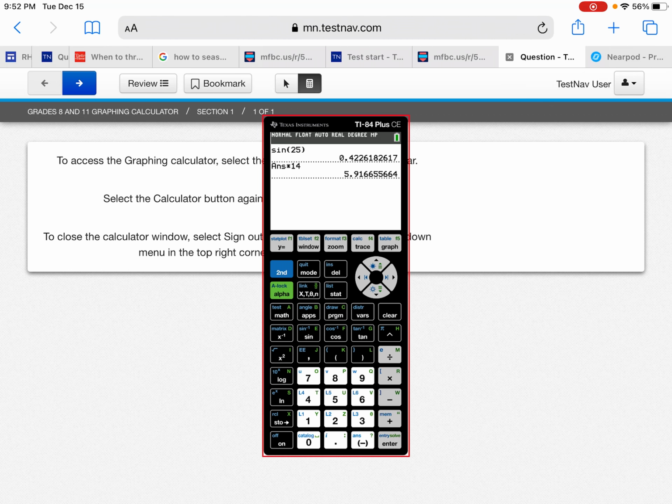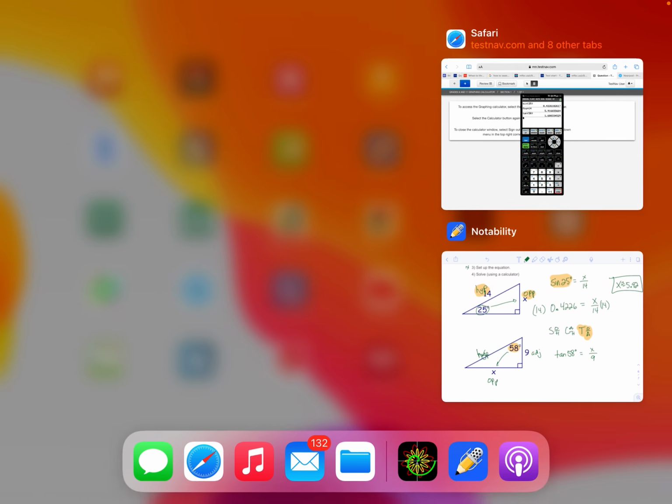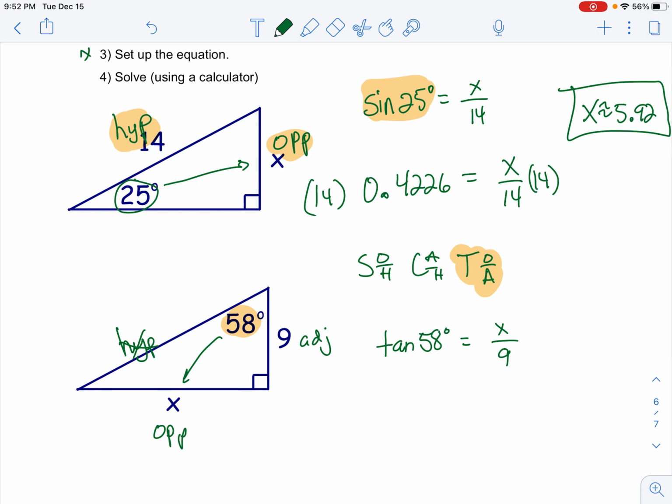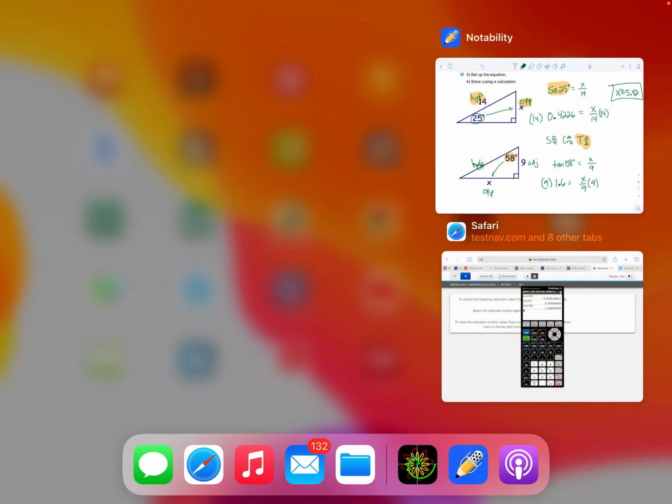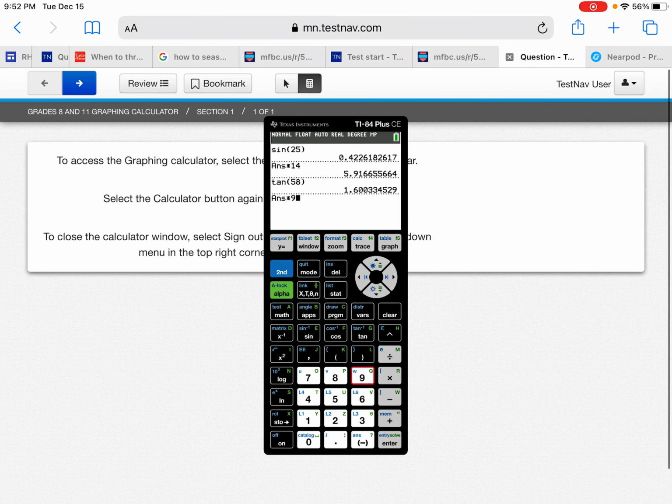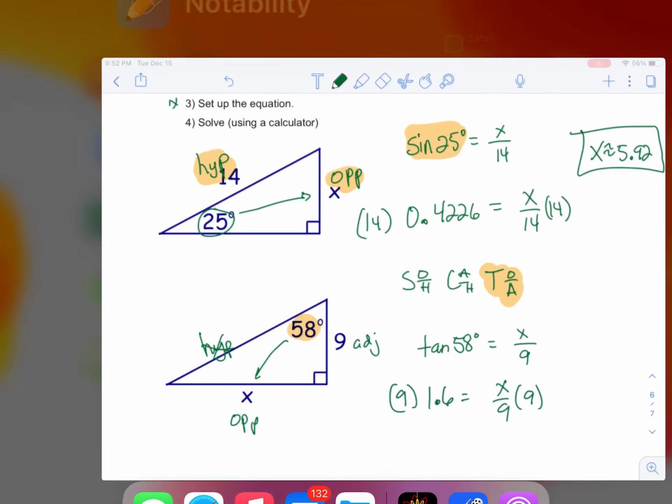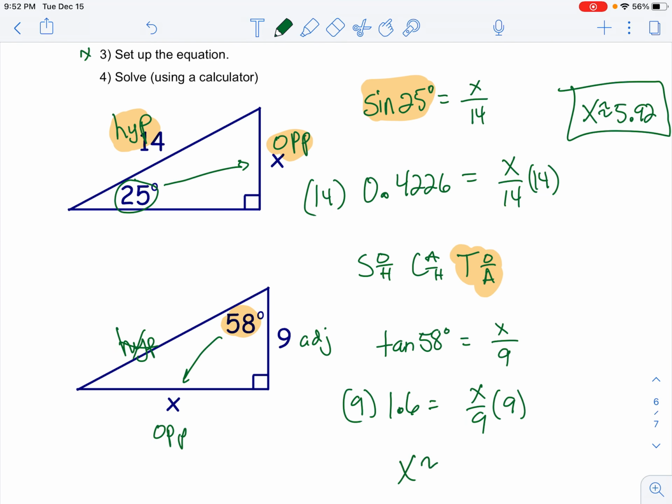So tangent of 58 degrees, and that is 1.6. And then since it's x divided by 9, I'm going to multiply by 9 on both sides. And what do we get? So times 9 is 14.4. So in this case, x is approximately 14.4.